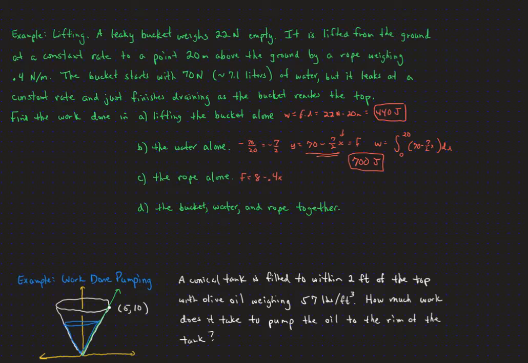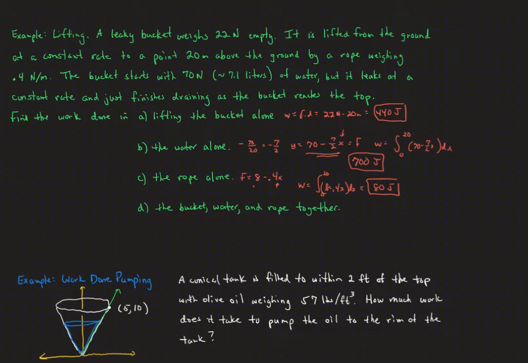So at 0, when we've pulled up 0 meters of rope, we're going to have 8 newtons of rope dangling there. And then by the time we get up to 20, we'll have no more rope, and so the force will be 0. So the work done is going to be that integral from 0 to 20 of 8 minus 0.4x dx. And we can do that, and I believe that turns out to be 80 joules.